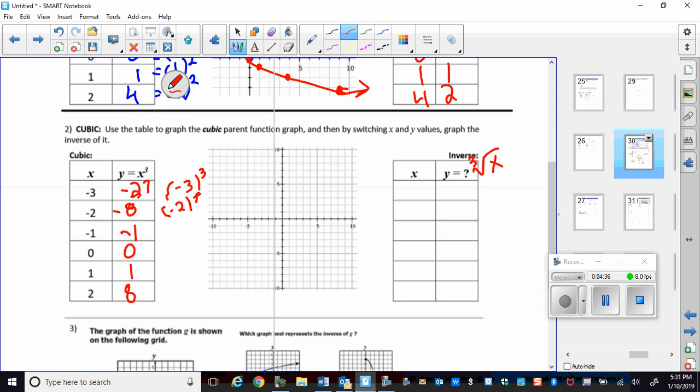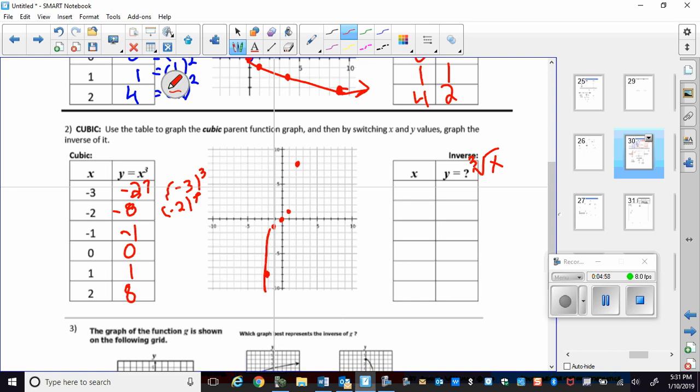Then I come over here and graph the points. So left 2, down 8. Left 1, down 1. And then 0, 0. Right 1, up 1. Right 2, up 8. And then I create my graph.